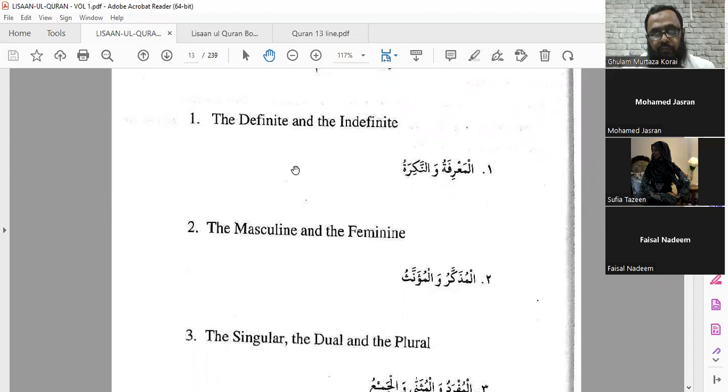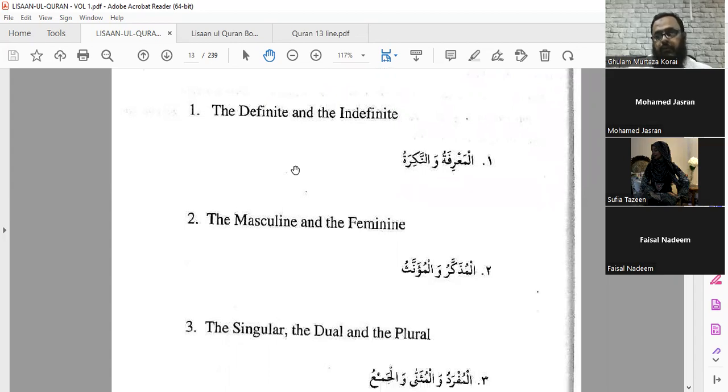We have to remember and memorize them. I tell my students and participants that al-ilmu bit-tadhakkuri, meaning knowledge is with memorization. So you have to memorize different things. And then al-mufrad wal-muthanna wal-jama'. So there are numerous details. The first topic we are going to discuss today is al-ma'rifatu wan-nakiratu.